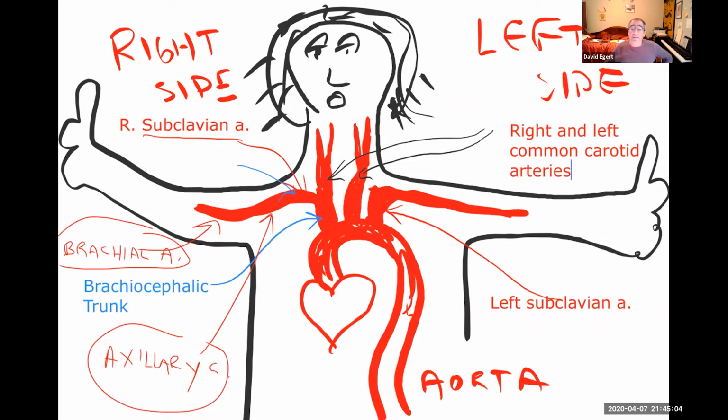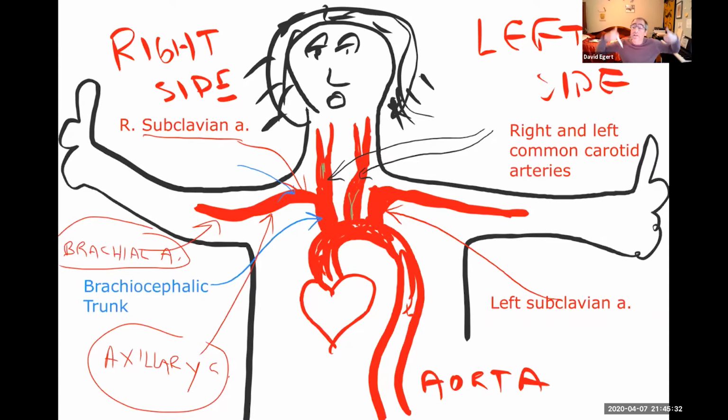Again, notice the asymmetry. The left common carotid comes straight off of the aortic arch here, whereas the right common carotid is branching off of the brachiocephalic trunk.